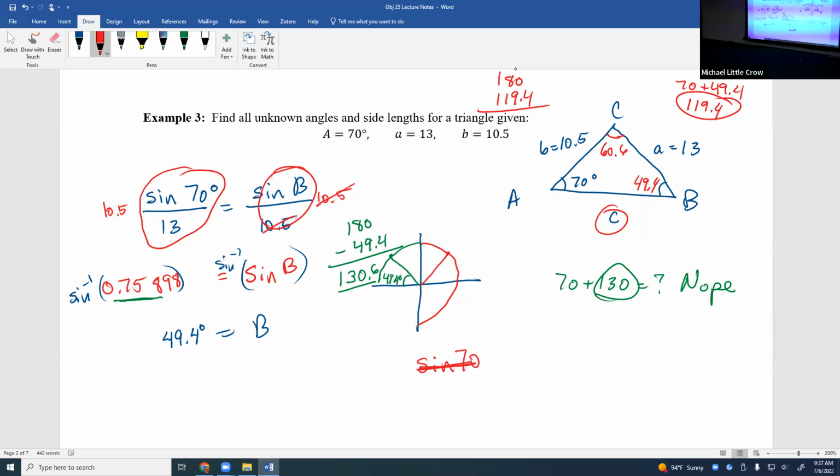I'll put the sine of 70 in the denominator. I'll put the 13 in the numerator so that I get little c in the numerator. And then the sine of big C, which is going to be 60.6, in the denominator. And it just makes solving it a little bit easier, right? Because I want to solve for C, it saves me one step.